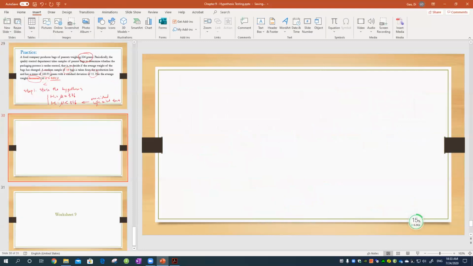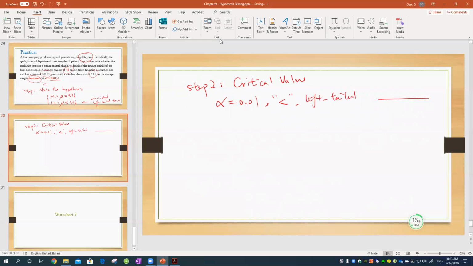And then after that, we're going to do our step 2, critical value. To get the critical value, we need to write down the alpha significance level, which is 0.01 given from the problem, and also the sign, which is smaller than, or we can write down left-tailed, so that we can draw a curve.